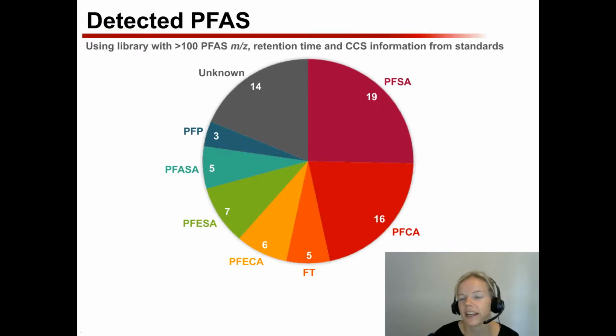Using our library for PFAS, which contains over 100 different PFAS that we've specifically run with LC, ion mobility, and MS-MS, we were able to see over 70 different PFAS in the pine trees throughout North Carolina. Not all in the same trees, but through different distributions.